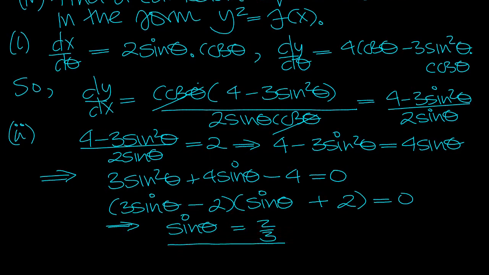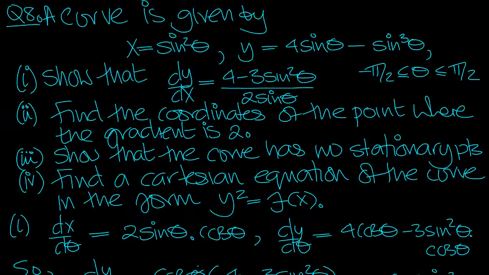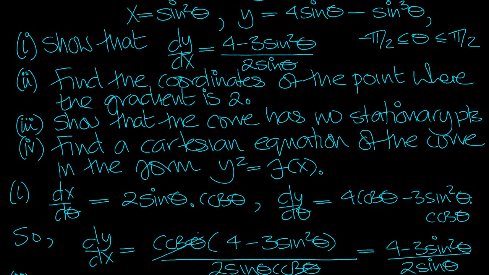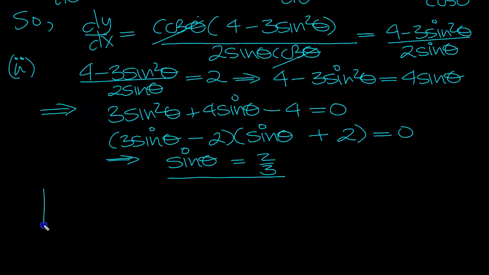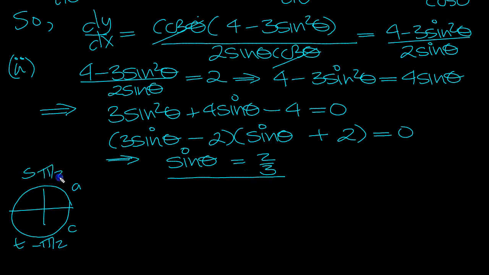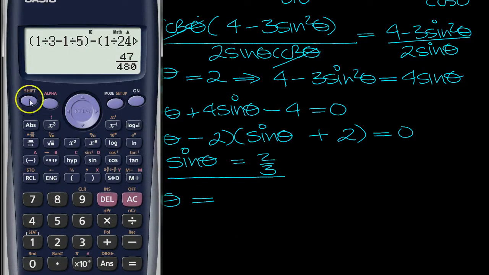So we can work that out. Theta, remember, goes from minus pi over 2 to pi over 2, so we're dealing in radians. So let's draw a circle. We're going from minus pi over 2 for theta to pi over 2. And we've got sine theta is positive, so that would be here. So we just need to do shift sine: theta equals shift sine of 2 divided by 3.